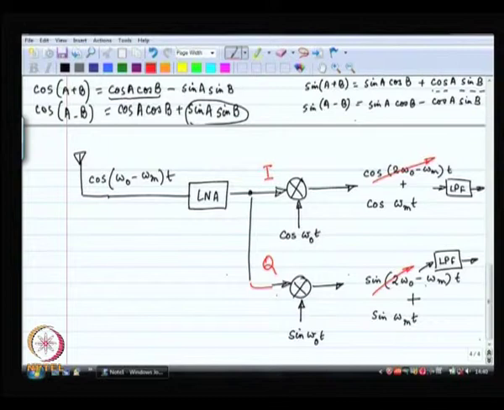Now, of course, no one really thinks the way I have described it to you. This is for your basic understanding. Normally, people deal with complex signals. They treat the signal like a complex signal, and the quadrature path is what you are doing to the imaginary part of the signal, and the real part of the signal is the in phase path, and so on and so forth.